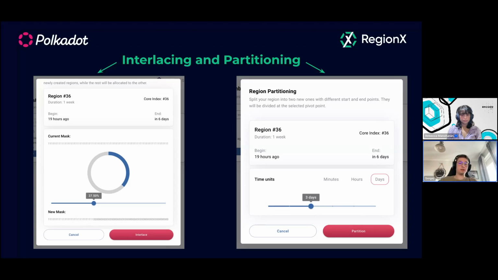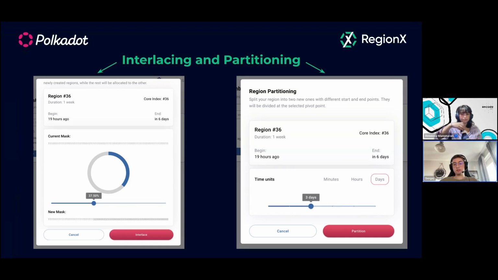So for example, if your project does not consume an entire core, but instead, let's say, 30-40% of its resources, you will be fine to split it in half essentially and sell the other part on the market to someone else who is also not using all the core resources.